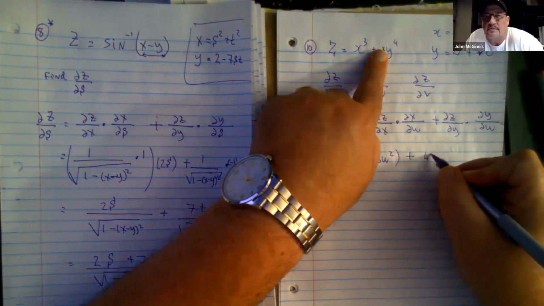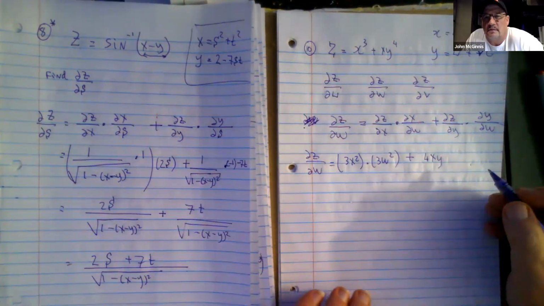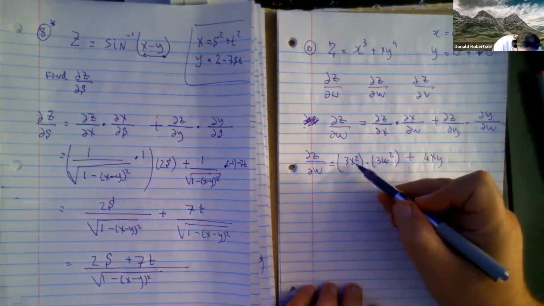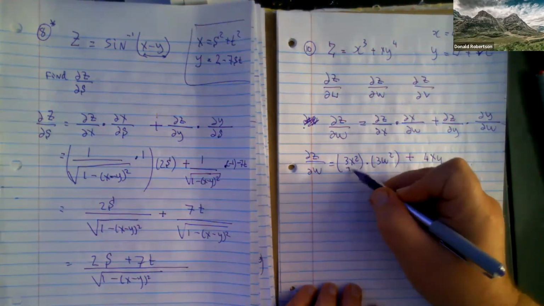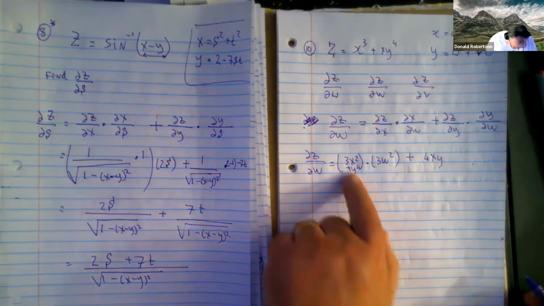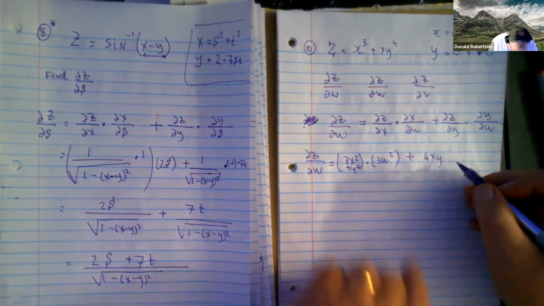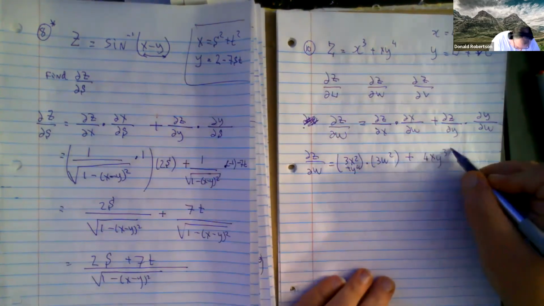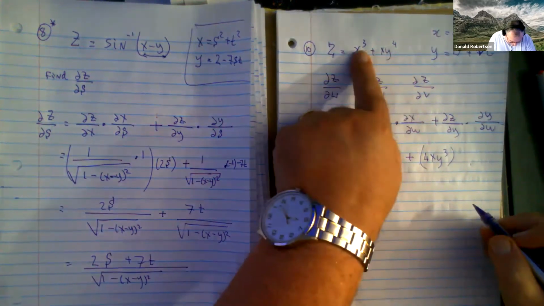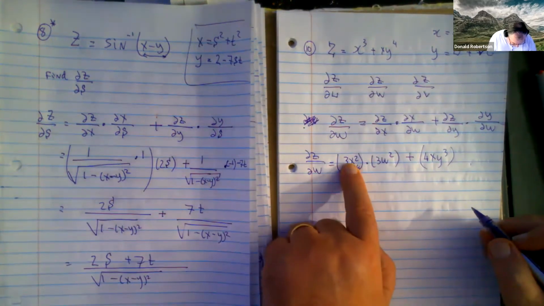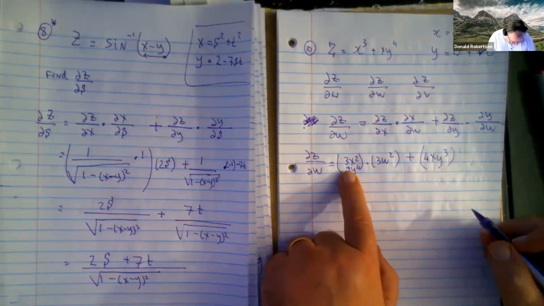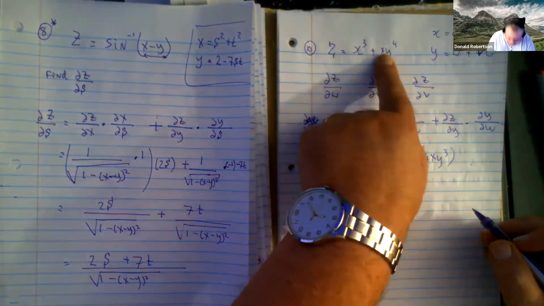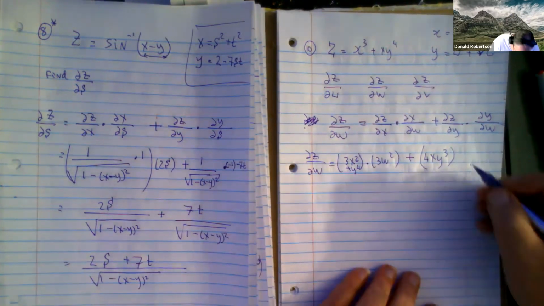Did you miss a 4? y to the 4th? Yes, I did, there you go. So this is 4y cubed. That one isn't just 3x squared, like you said. It's 3x squared plus y to the 4, which I missed.